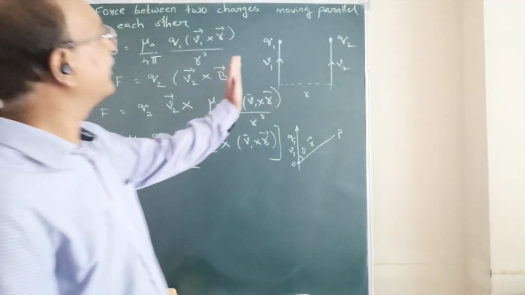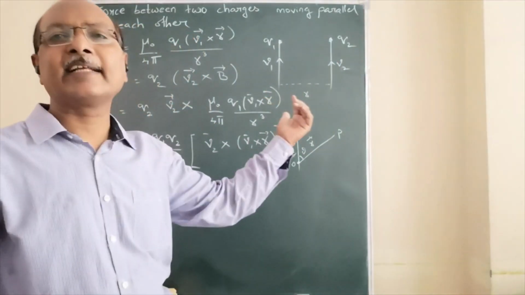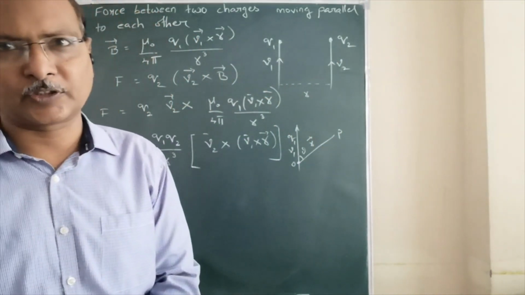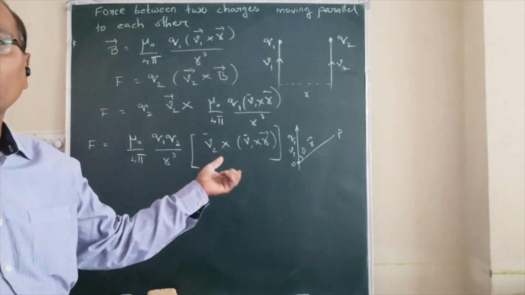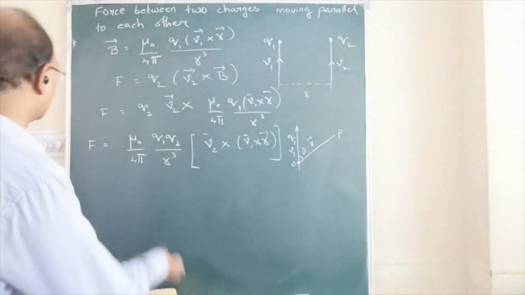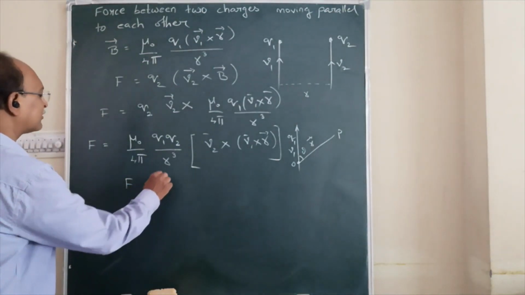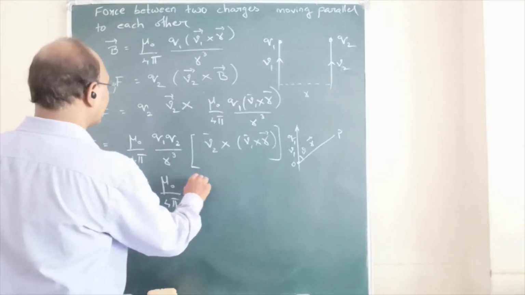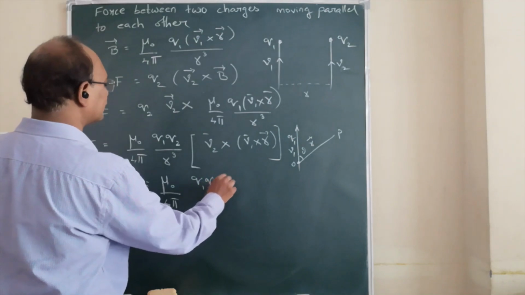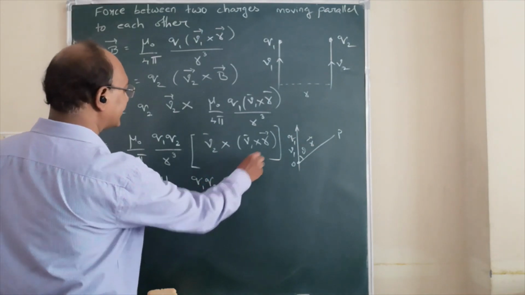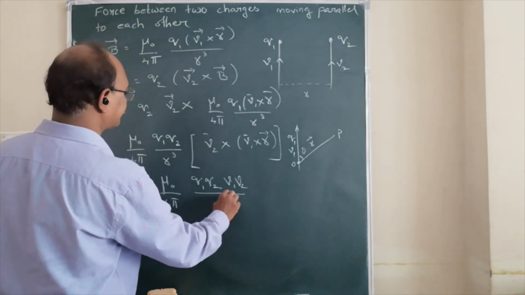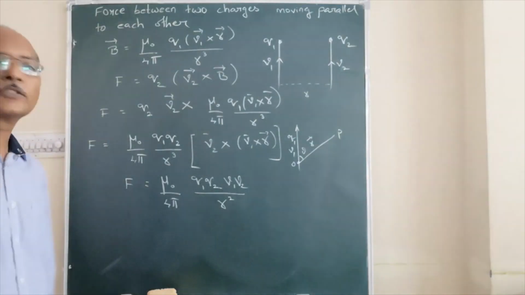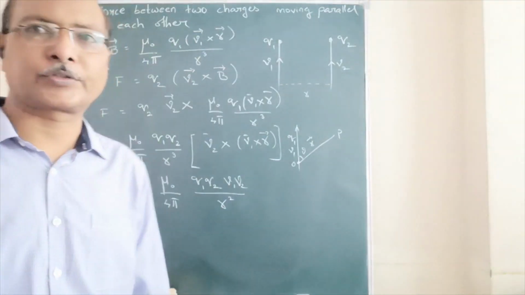In case where they are moving parallel to each other, angle theta becomes 90 degrees. So the magnitude of the force, if you expand this, will be given by F is equal to mu naught by 4 pi Q1 Q2 V1 V2 by R square. So that is the magnitude of the force.